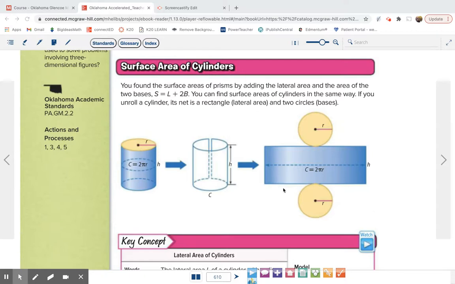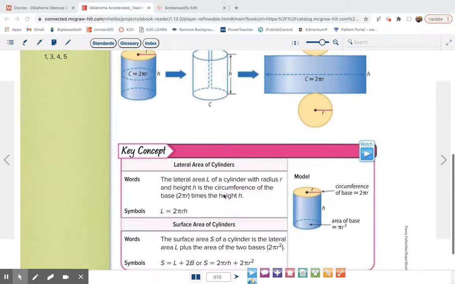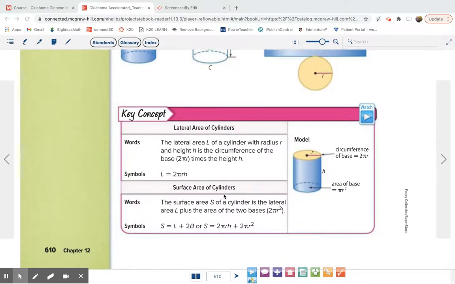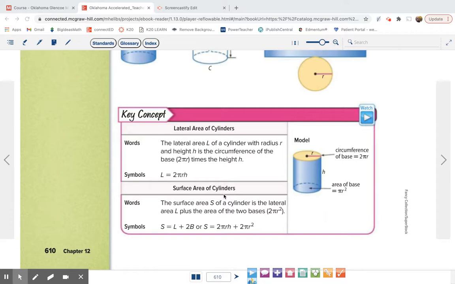Okay, so we are still going to use that same initial S equals L plus 2B, but just like with everything else, L and big B depend on what shapes you have. So let's look at that. For L, lateral area, which means perimeter of the base, circumference of the base, times the height.